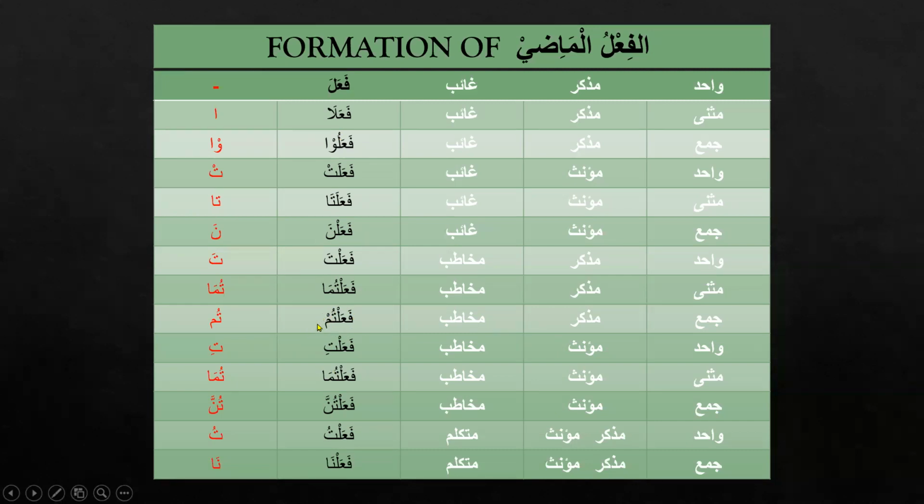Fa'altum, antum, fa'altum. So this meem is giving away that you all, this is jama' muzakkar mukhatab. And in the same way, this alif is showing us that this is the dual form, the musanna form, just like Muslimun, Muslimani, that alif is telling us that there are two Muslims, and Muslimuna, that waw is telling us that there are more than two Muslims. Just like here you can say fa'alu. Here, this is telling us that there are more than two people.